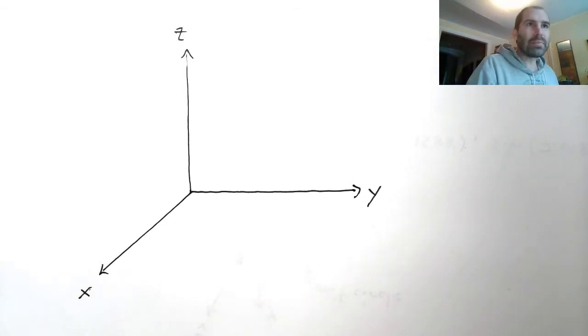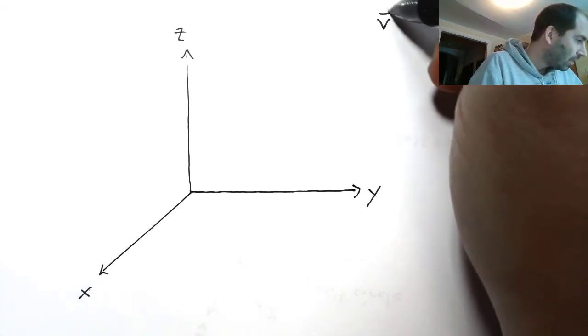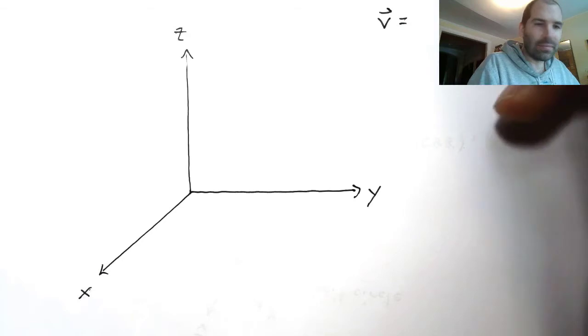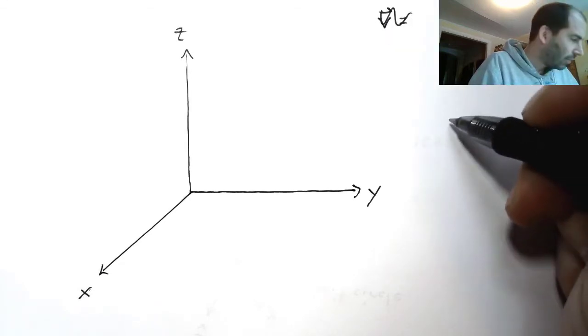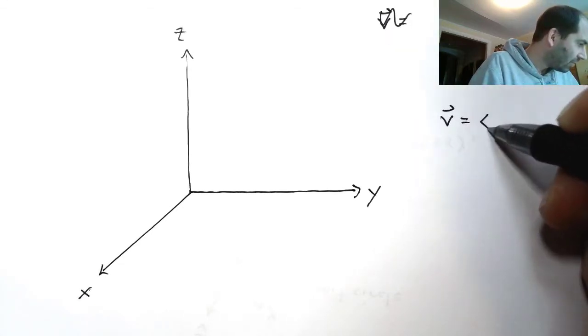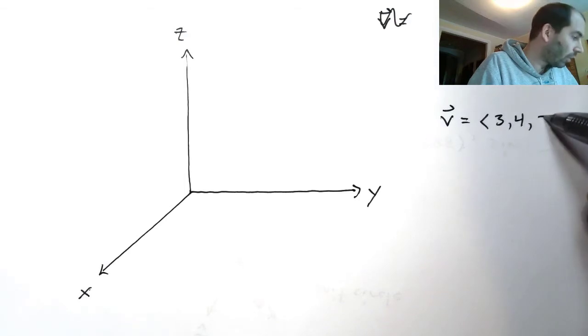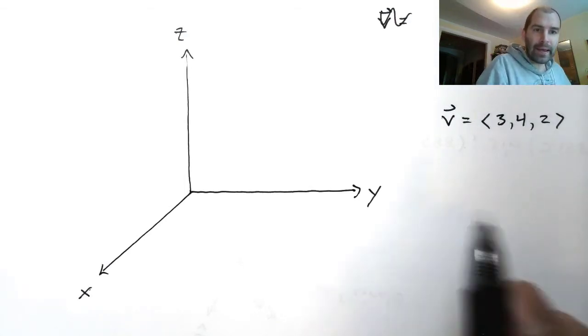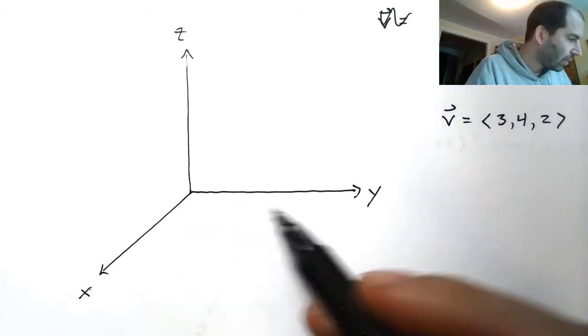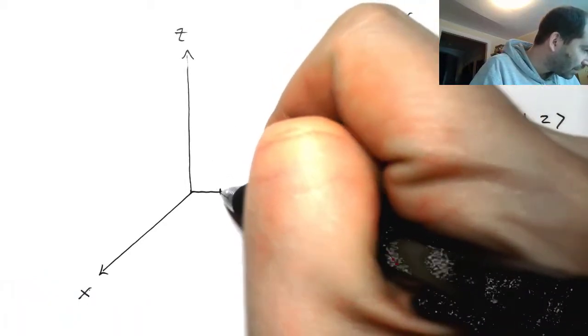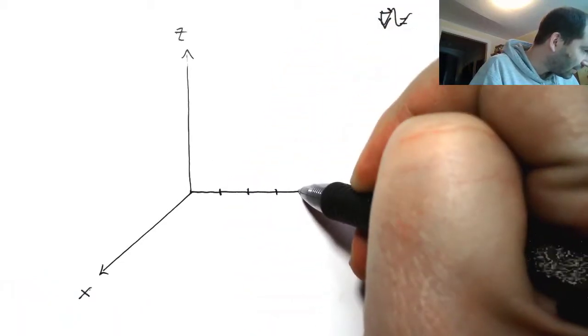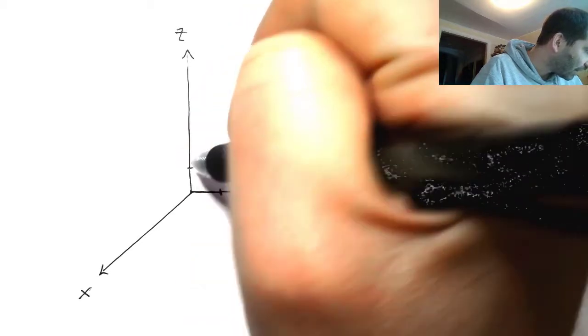Now let's plot that vector 3, 4, 2. Oops, I'm going to be in the way here. Right here. Okay. The vector I'm going to draw is the vector 3, 4, 2. Let's see how we do that. First, I want to tick off values on these axes as evenly spaced as I can.